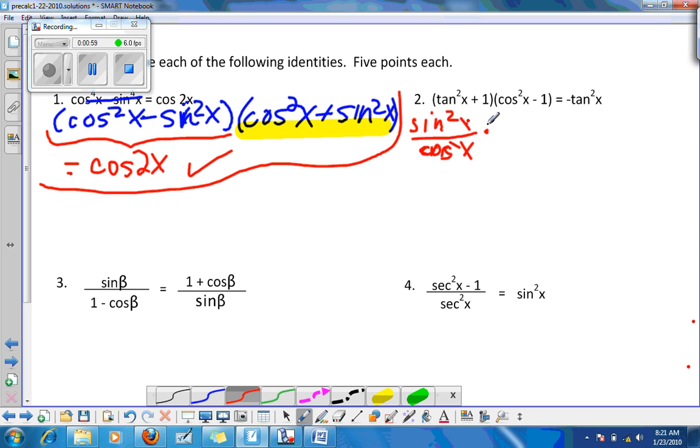So I've got sine squared times sine squared over cosine squared times the cosine squared plus cosine squared minus 1 minus the tangent squared.